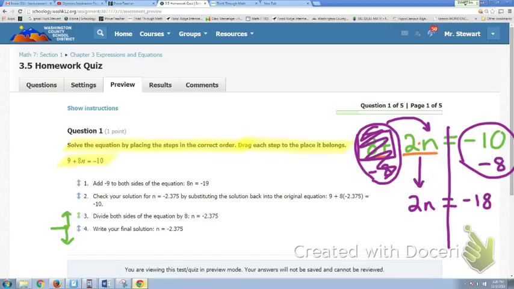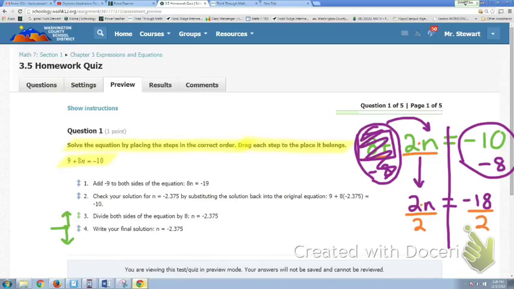Now the step that comes next is to get rid of this 2. The 2 is being multiplied by n, so here's my next inverse operation. The inverse operation of multiplication is division, so now I'm doing a different group of inverses. I'm dividing both sides.